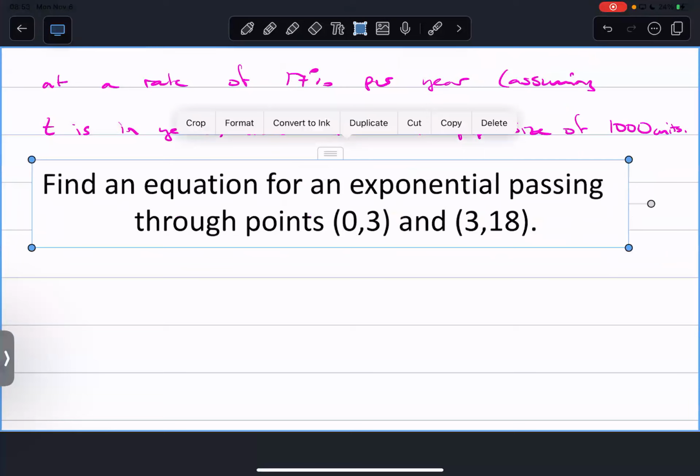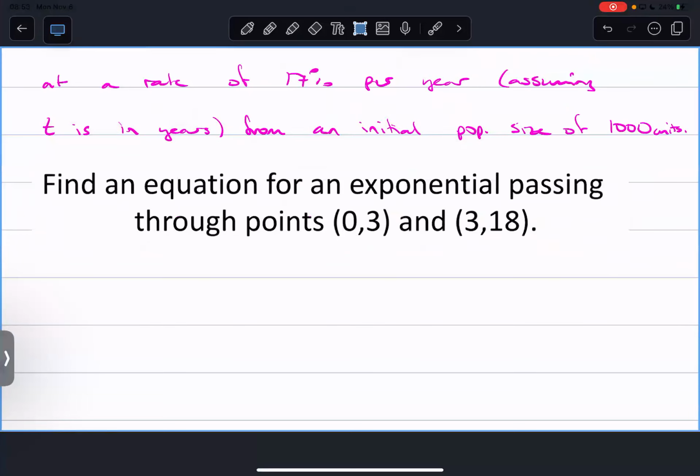How about another example? If we have to find an equation for an exponential passing through 0, 3 and 3, 18, what can we do? One of the first things that we have to tackle in our exponential function, right?